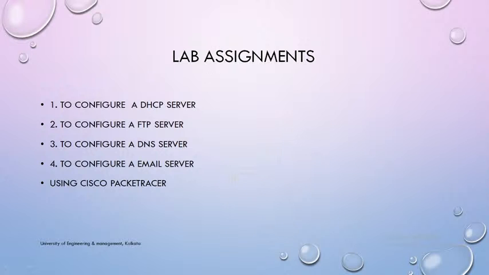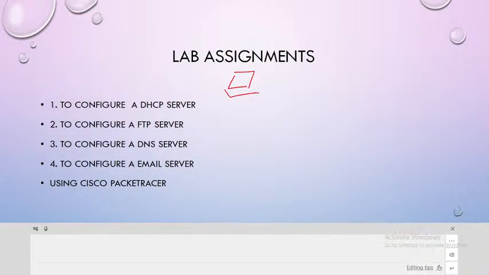So if there are 3 computers, let's say this is one computer, this is another, and this is another, out of which 2 have been associated with the DHCP and the last one is associated with the static IP of 192.168.1.2.